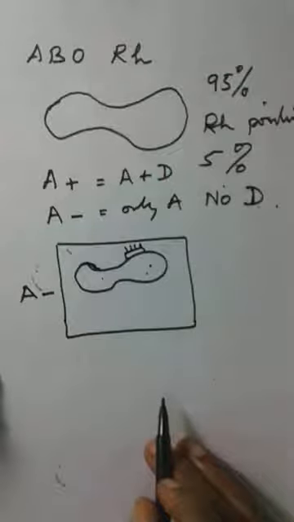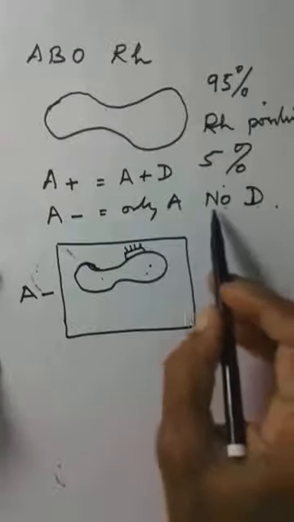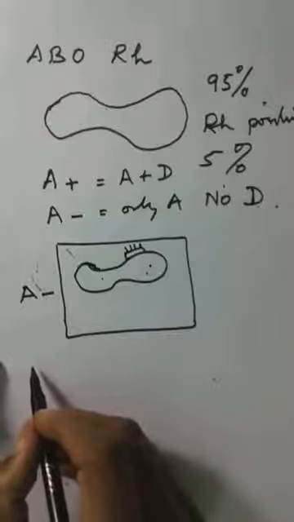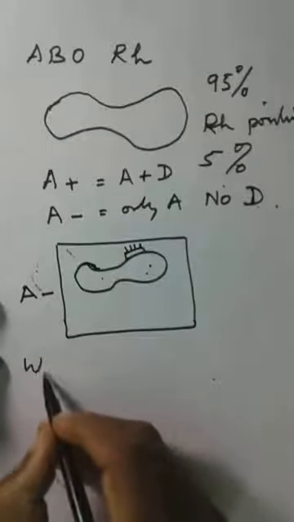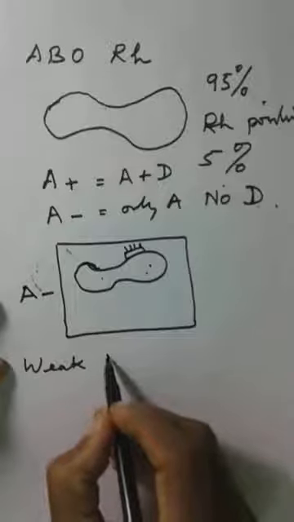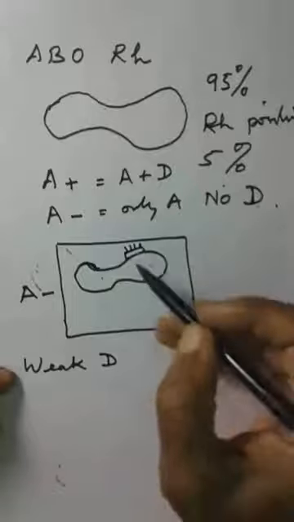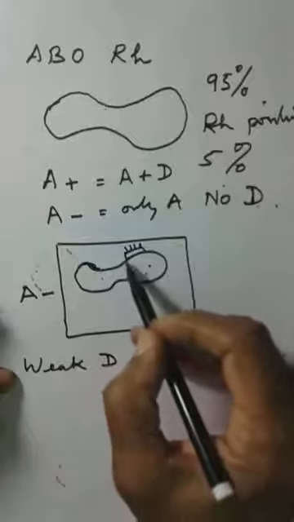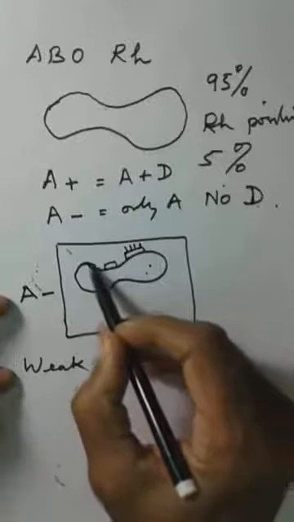Now we will study few terms regarding this D. Number 1 is weak D. Weak D means this D antigen will be lesser in numbers all around here.